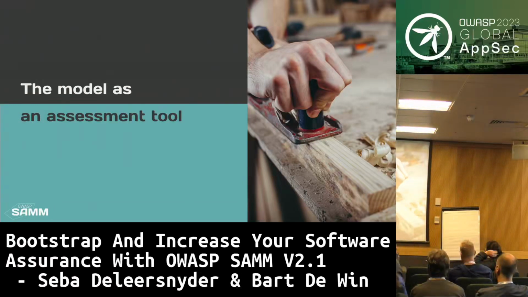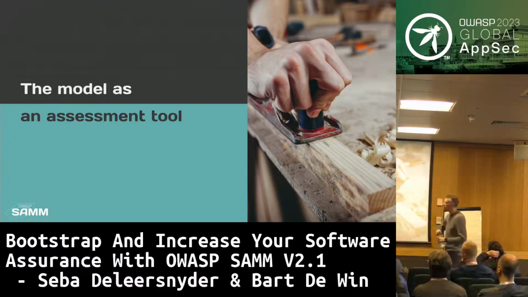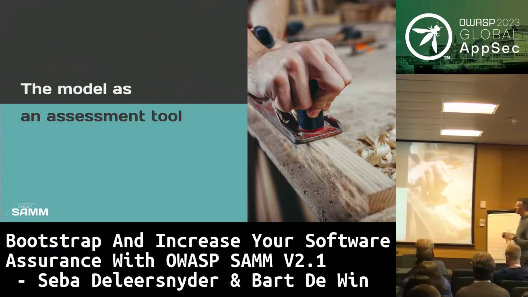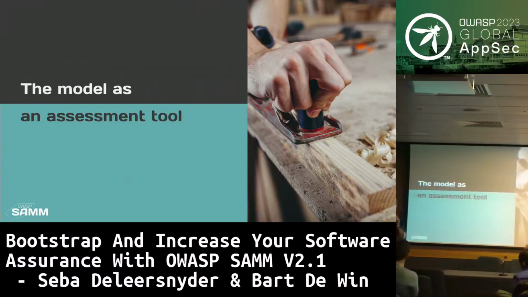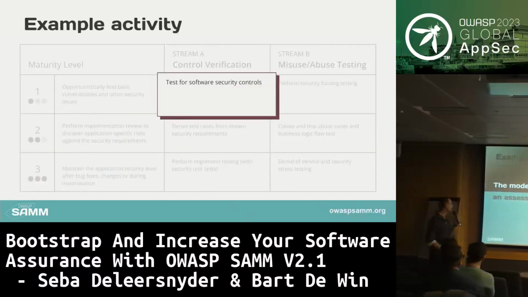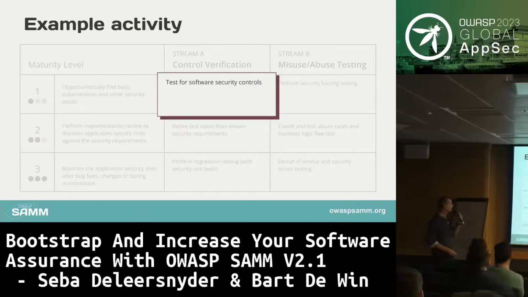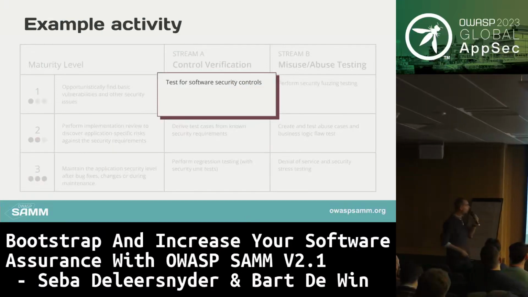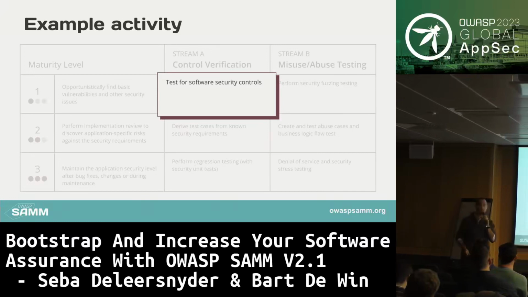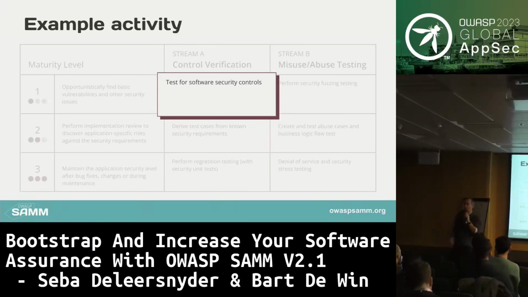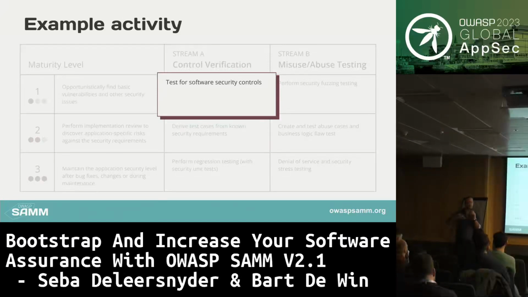Okay. So that's all good and fine, but how do we use this? It's a maturity model, so how can we test where we are? If you take, for instance, security testing, we have both streams, but if we take one activity, testing for software security controls, how do we know what level we are? For each of these activities, there's a question with a set of answers.